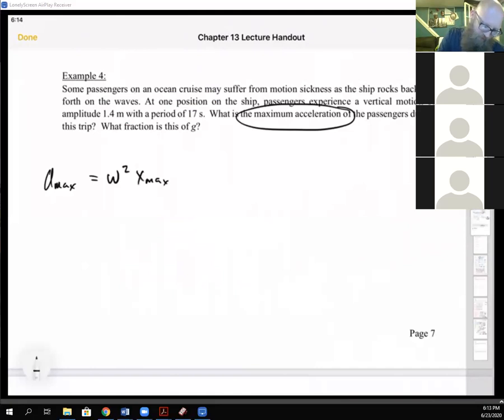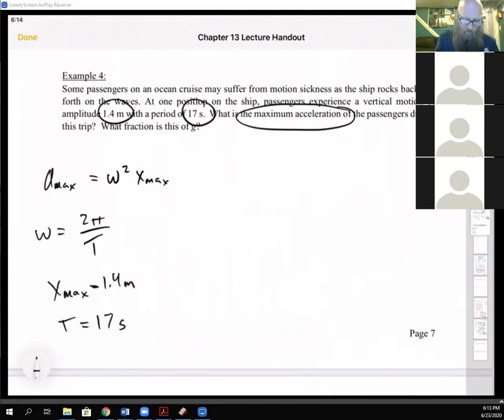And omega is related to period as 2 pi over period. So I can put those together with the information that I'm given here, that x max is 1.4 meters and the period is 17 seconds.